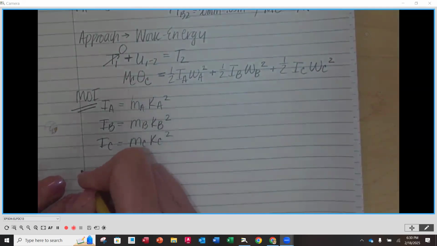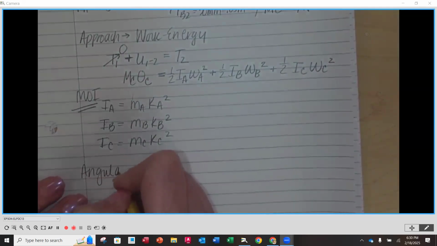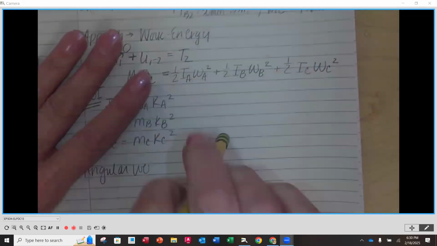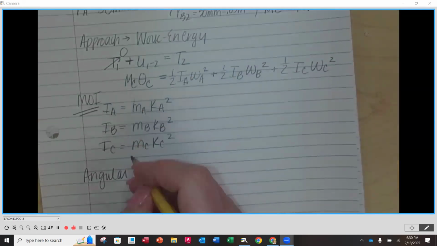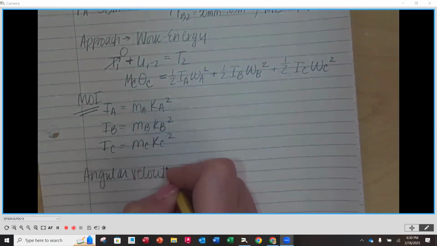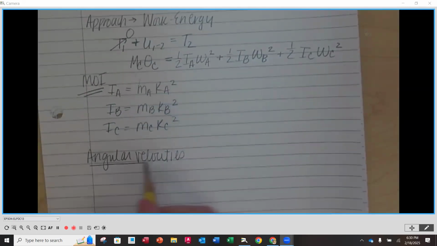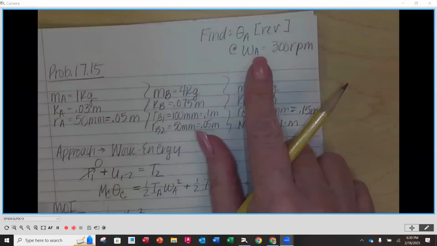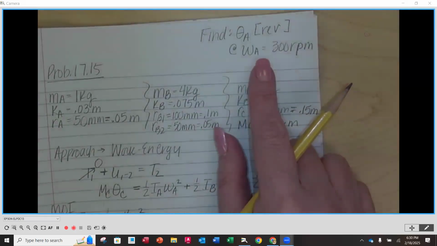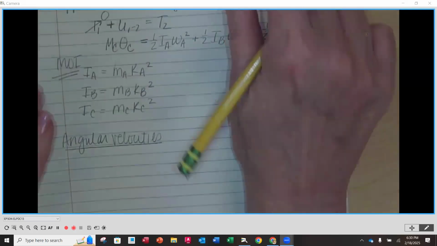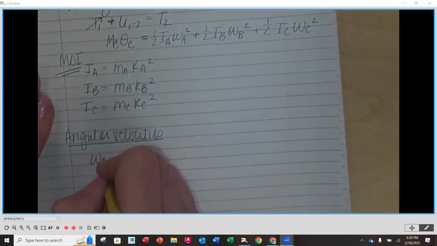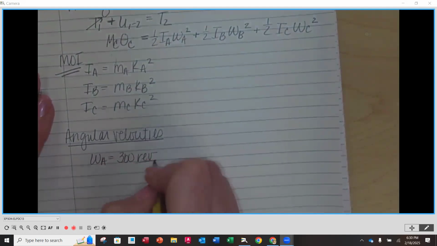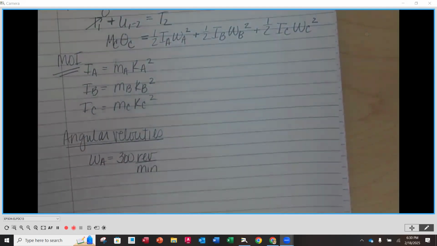The next thing you're going to do is angular velocities. And those are our W's. Okay. Angular velocities. Now, we know what the angular velocity of A has to be. It's in RPMs. Okay. So we can say angular velocity of A is going to be equal to 300 revolutions per minute, but we've got to convert that to radians per second.